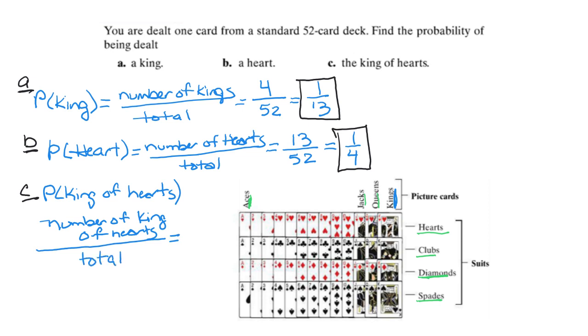If you look in this deck of cards, we have exactly 1 king of hearts right here. I'll circle it in yellow. Out of 52 cards. So we have 1/52 likelihood of selecting a king of hearts.